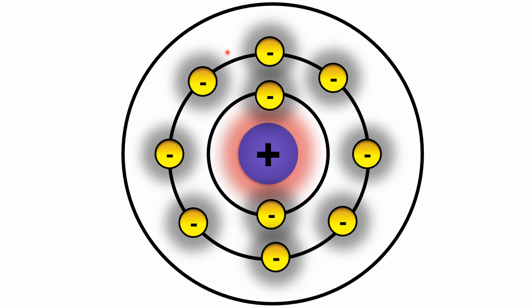The first shell, K shell, has 2 electrons and the second shell, L shell, has 8 electrons. So K and L shells already have 10 electrons, so there will be only one electron in the third energy level, the M shell, for a sodium atom. The M shell in a sodium atom is known as the valence shell, and the electron in the M shell is known as the valence electron.